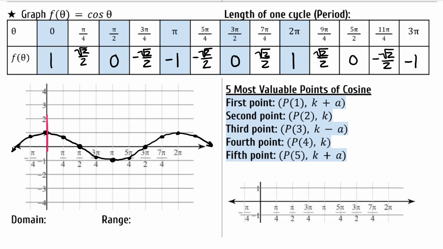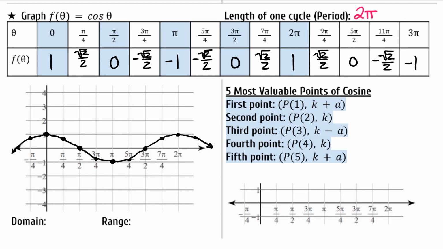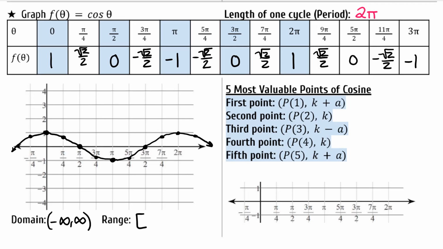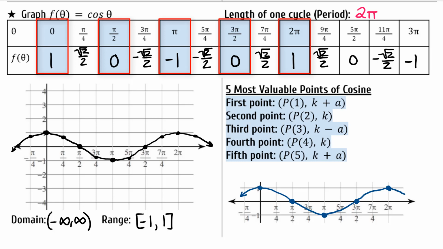It also finishes one complete cycle between 0 and 2 pi and then repeats, so its period is also 2 pi. Cosine is also a sinusoidal function continuing from negative infinity to infinity and oscillating again between negative 1 and 1. Graph the 5 blue points, your 5 MVPs for cosine, and take note of the shape of one cycle.